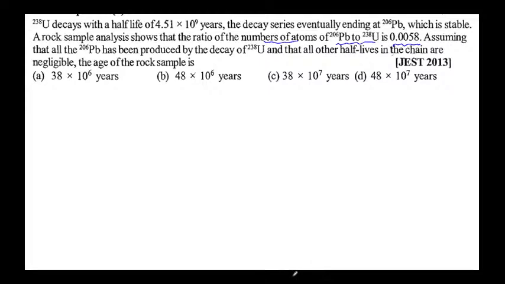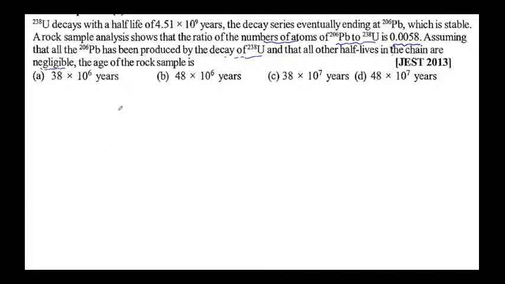Assuming that all the lead has been produced by the decay of uranium 238 and all other half-lives in the chain are negligible, so uranium 238 is completely decayed into lead 206 only, we have to calculate the age of the rock sample.